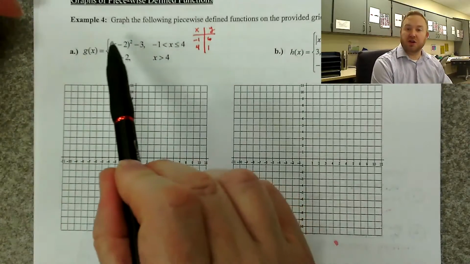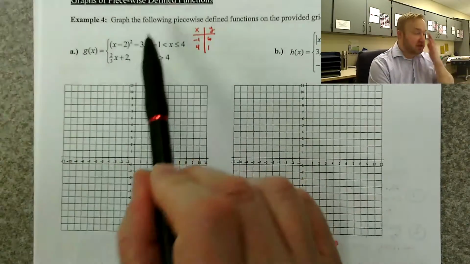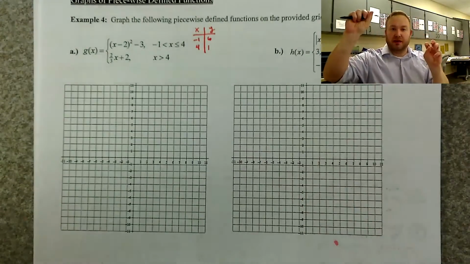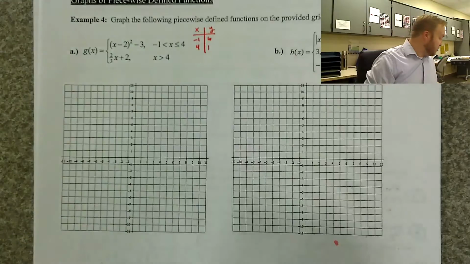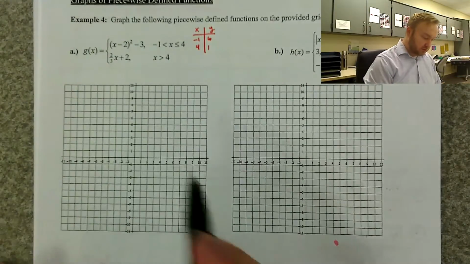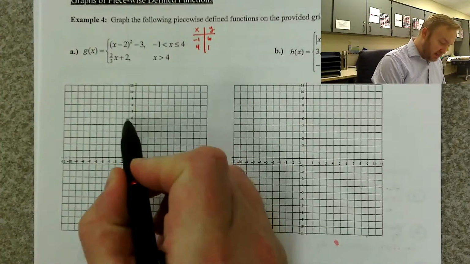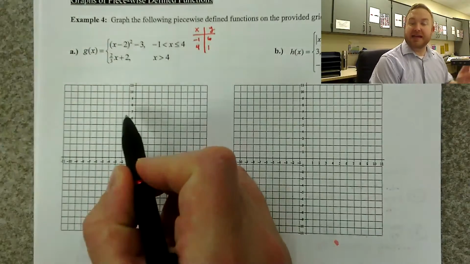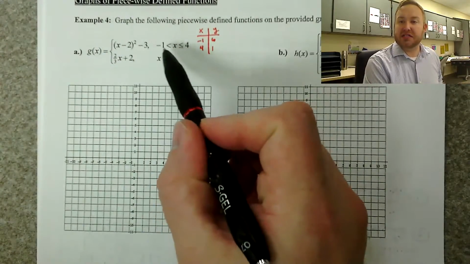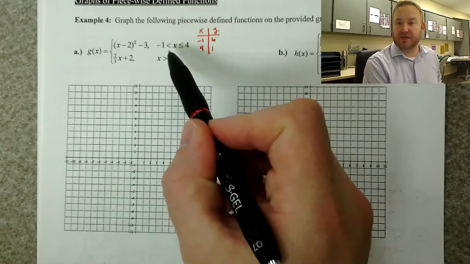All right, so we're going to graph this first piece, and these are the end points of that piece. So I'm going to go to -1, 6. And I'm going to have a point there, but now is when I take into account that the -1 is not actually included in this domain.